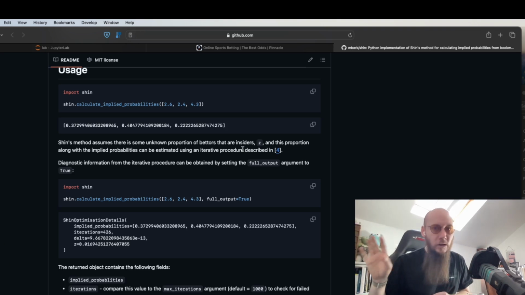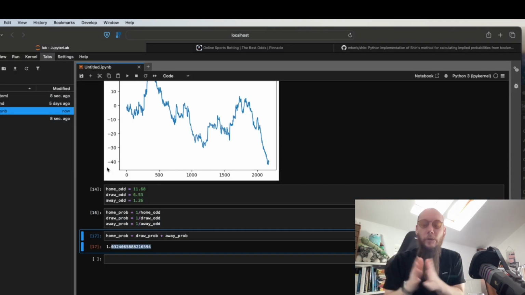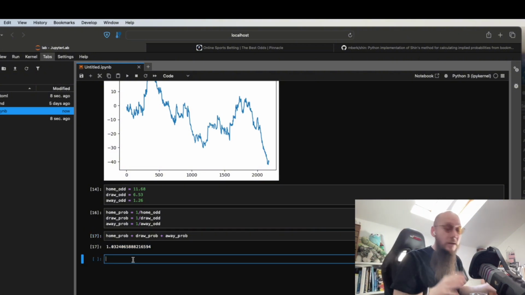We'll get into it later because it's pretty cool how it works, but we're not going to get into it today. What we're going to assume for now is that the overround is assigned equally to all three outcomes. So what we need is a function. We're going to write ourselves a function. Consulting my notes, I call it find_true_probabilities, because that's what we're doing.